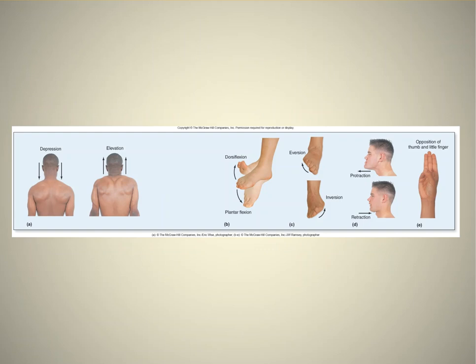And then for slide 22, these show you some special movements also, depression and elevation of your shoulders. There's dorsiflexion and plantar flexion, inversion, eversion, protraction, retraction, and opposition. So you need to know these movements and be able to give me an example of a joint that exhibits these movements.